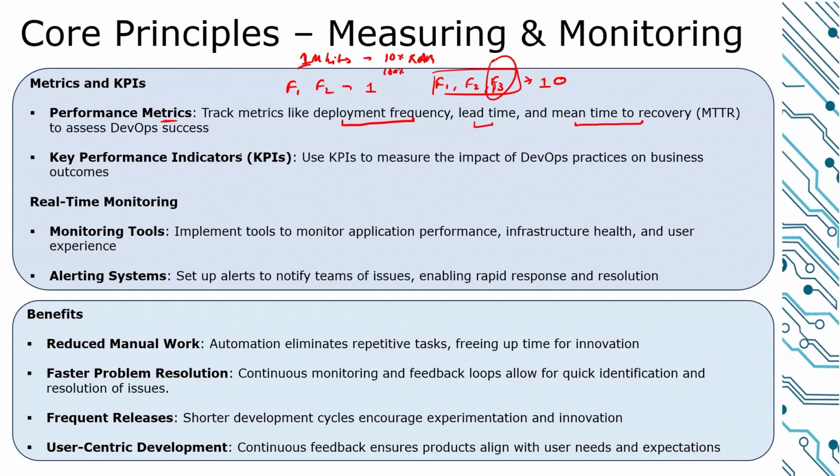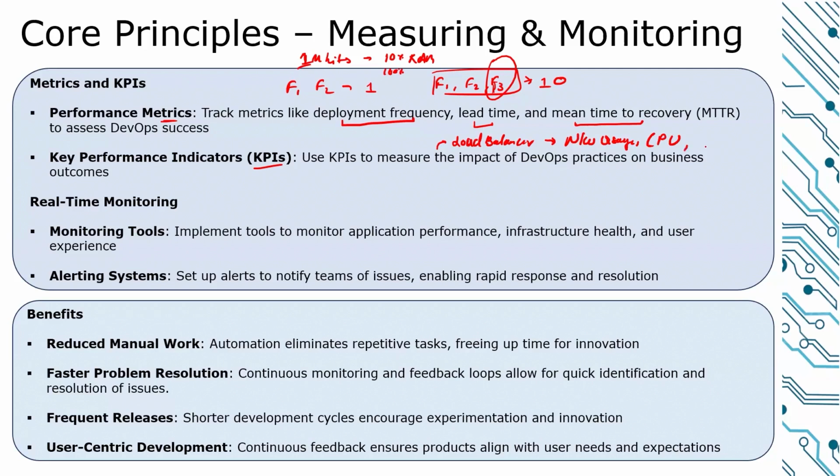Okay. KPIs, key performance indicators. Here you're using the KPIs to measure the impact of the DevOps practice. For example, load balancers, how much bandwidth of your network is getting used, which is the network usage.